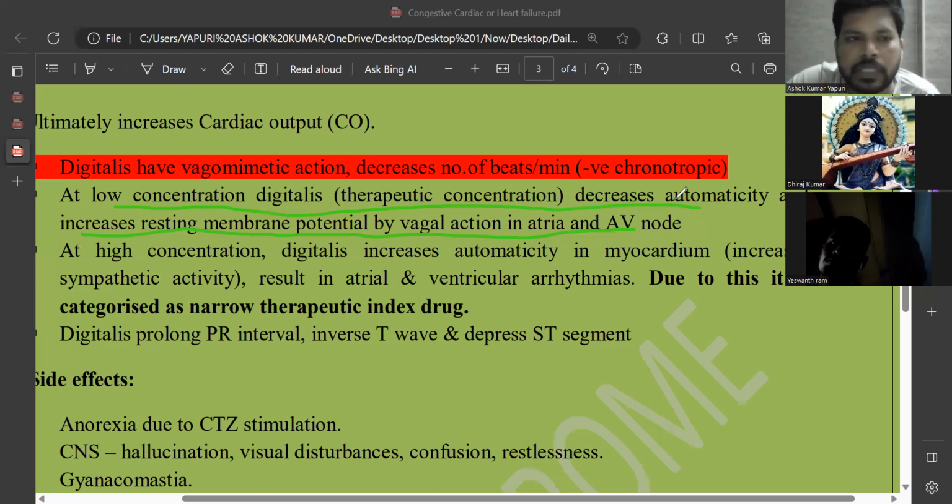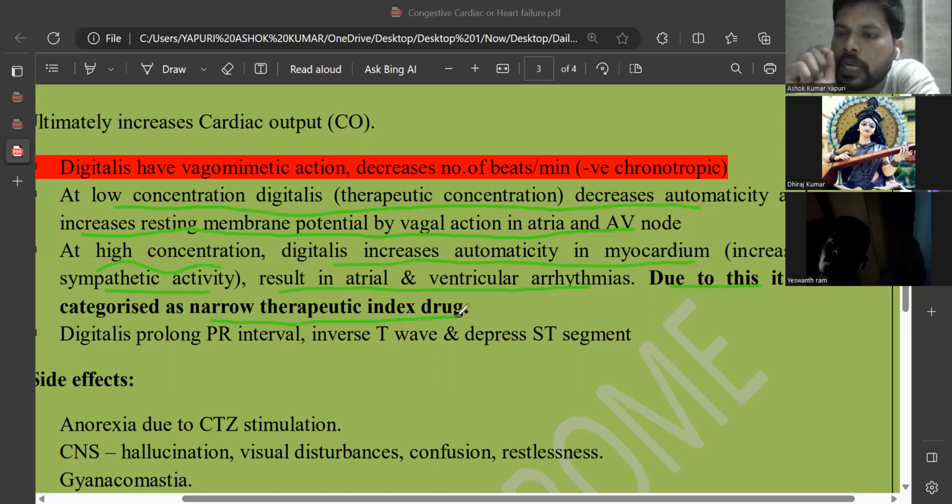But at high concentration, digitalis increases automaticity in the myocardium and increases sympathetic activity, resulting in atrial as well as ventricular arrhythmias. Due to this, it is categorized as a narrow therapeutic index drug. The therapeutic index is the ratio of the difference between the beneficial effects and the toxic effects of a drug.